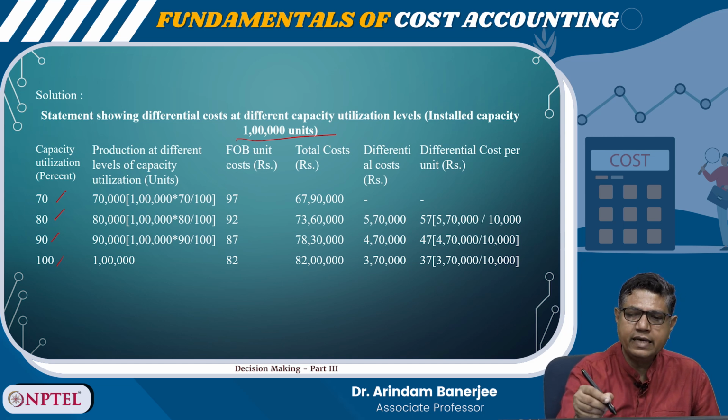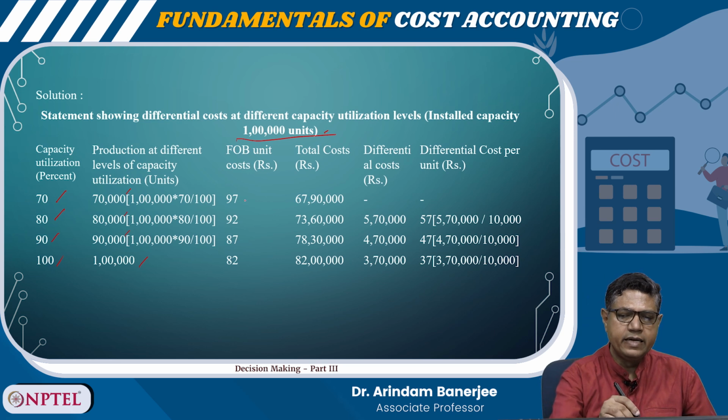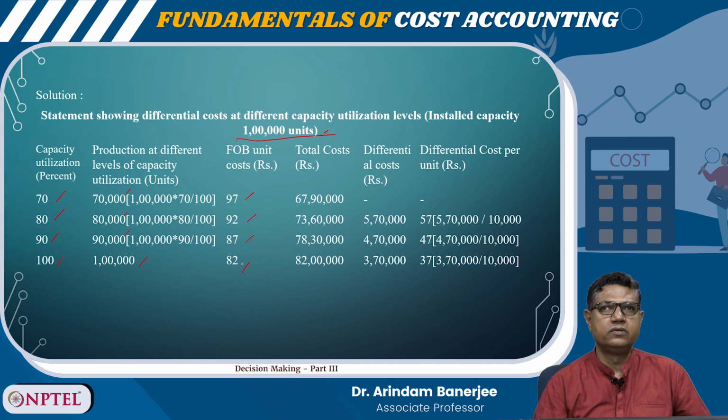So, 1 lakh is the 100% capacity. Of course, it will be 70,000 here, 80,000 at 80%, 90,000 at 90% and 1 lakh at 100%. FOB unit cost I can calculate as 97, 92, 87 and 82, right.